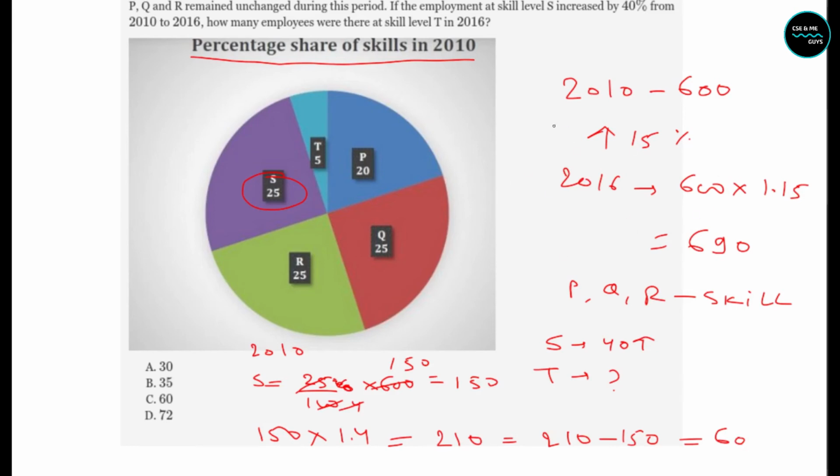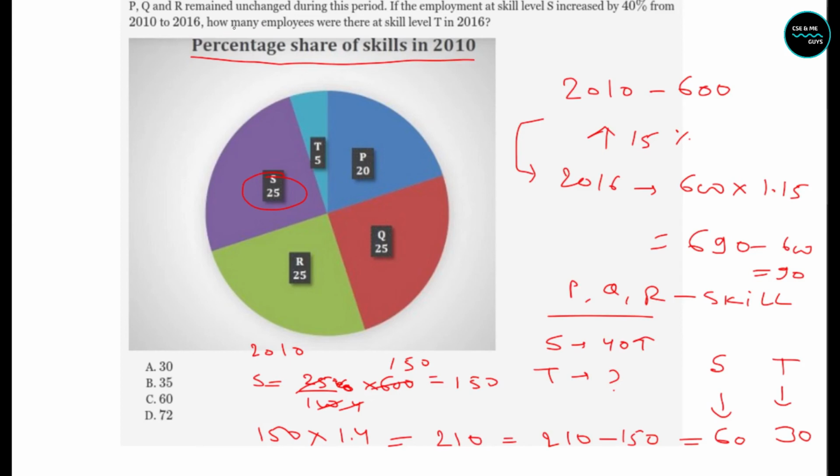As we know that total employment increased is 690 minus 600, which is 90 people increased from 2010 to 2016, and 60 of them are from S. So can we say T had increase of 30 people because P, Q, R remained the same, only two options left, so only 30 people increased, right?